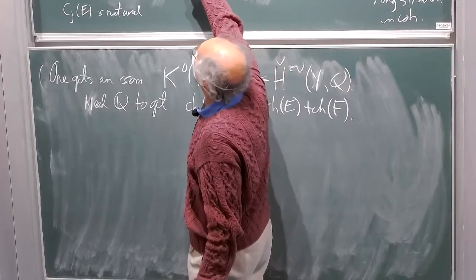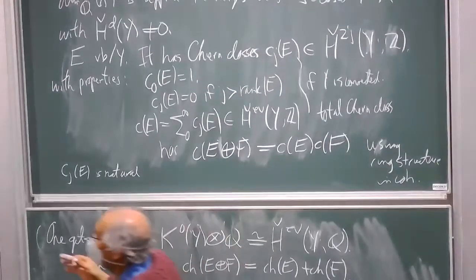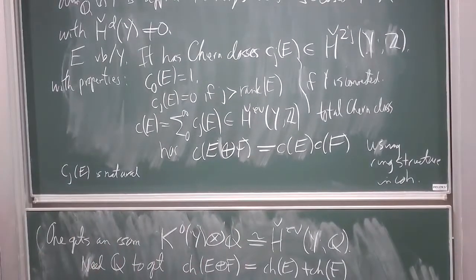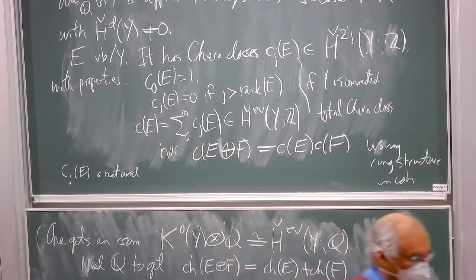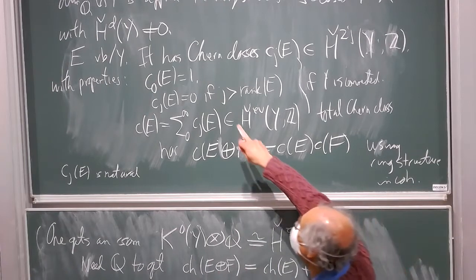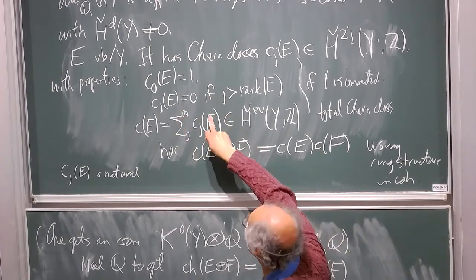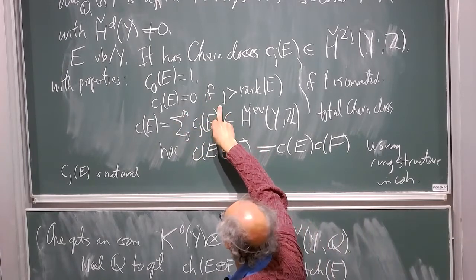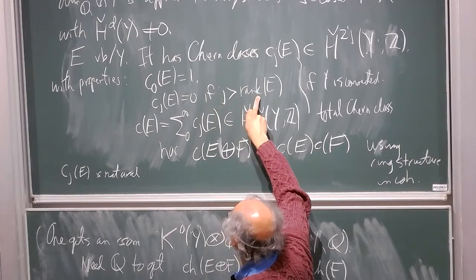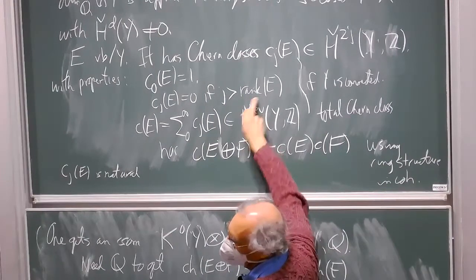Here, the zero Czech homology may be bigger than Z, but there's still a canonical class which corresponds to 1 and which is the identity in the ring multiplication. And so reinterpreting that, and then here, the rank of E should be the largest dimension of any fiber.